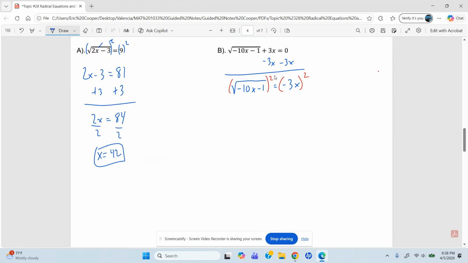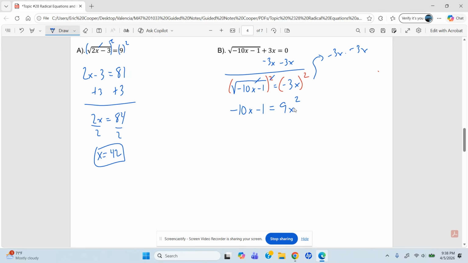When I square the square root, it cancels and leaves me with what's left on the inside, which is just negative 10x minus 1. Over here, negative 3x squared is the equivalent of negative 3x times negative 3x. Negative times negative is a positive 9, and then 3x times x gives me x squared.